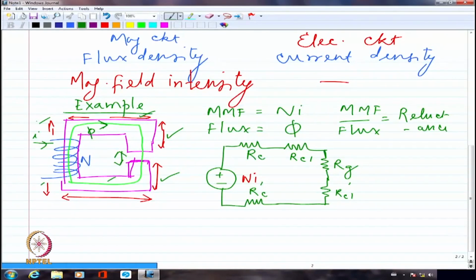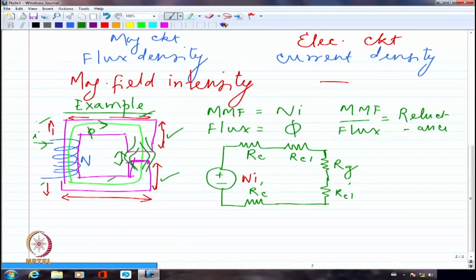Actually speaking, at this point where the air gap is, because the reluctance is higher here, I should have expected the flux to diminish. But what is going to happen is, in all probability, these lines of flux will try to bulge here so that they cover larger cross-sectional area.